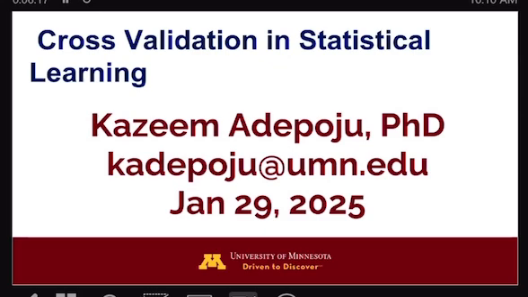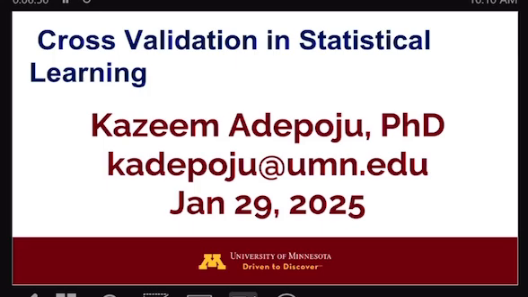Of course, the focus today is cross-validation in statistical learning. I remember on Monday I walked you through the purpose of modeling. I told you that what determines the metric of evaluation used depends on your intention, whether you want to predict or you want to explain.